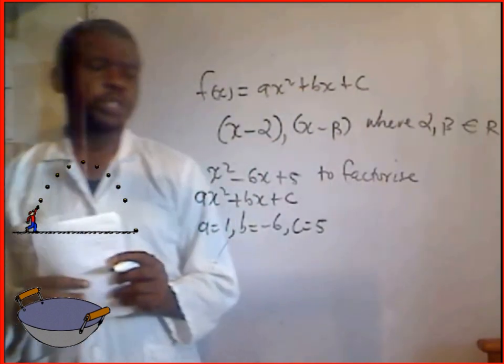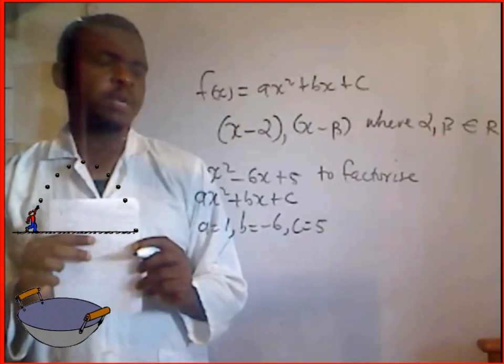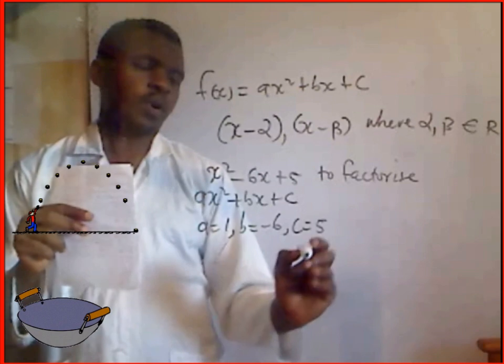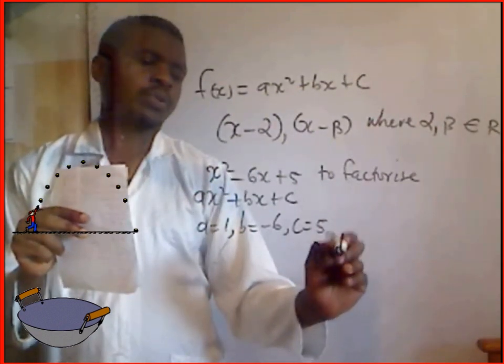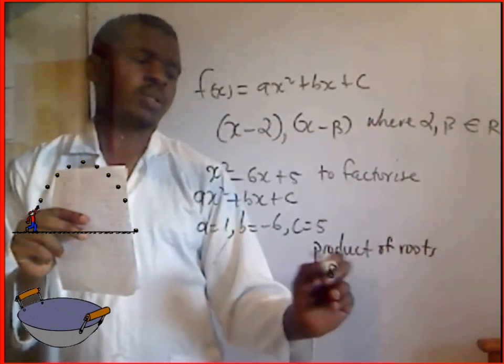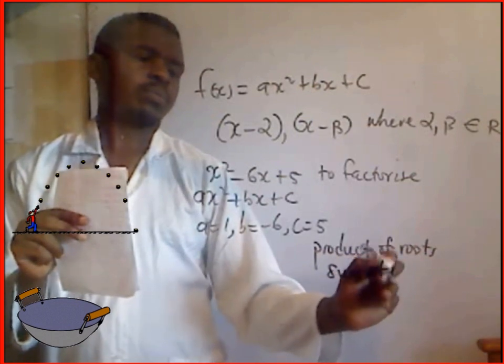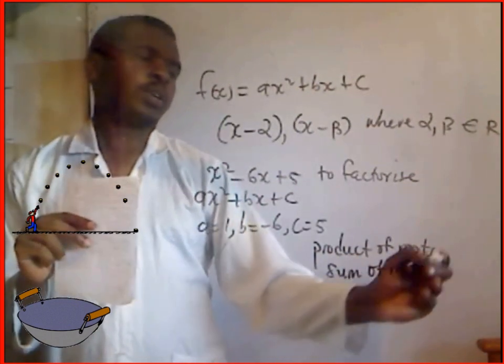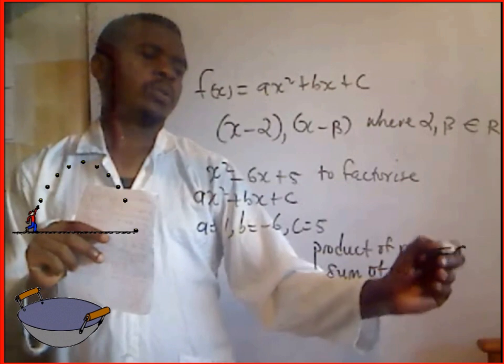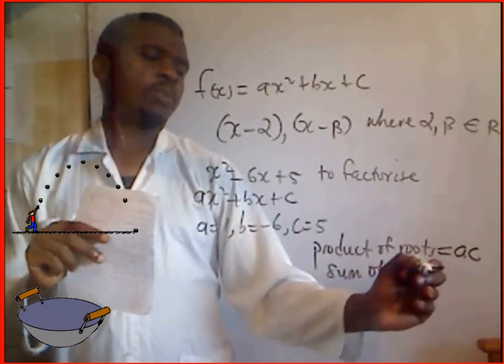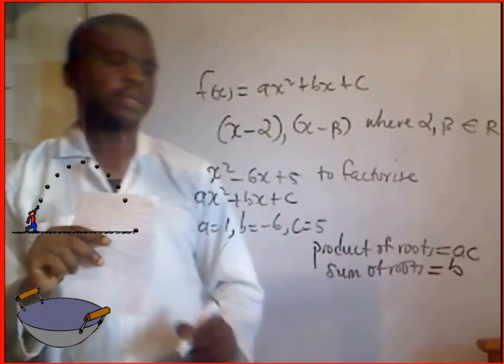So an easy procedure to factorize a quadratic function is to look for the product of roots and the sum of roots. The product of roots is equal to a times c, while the sum of roots is equal to b.